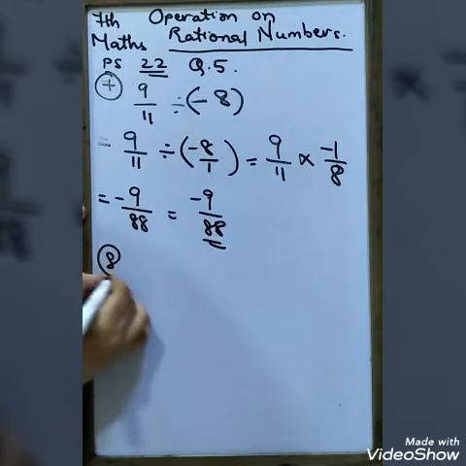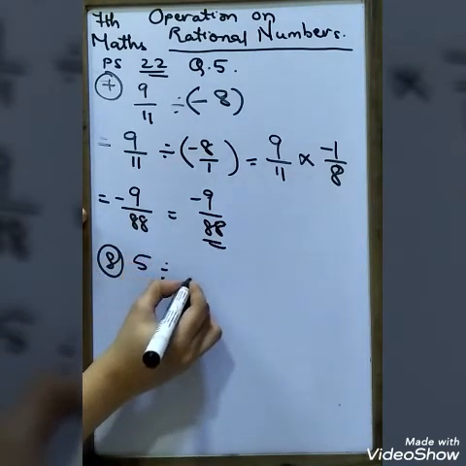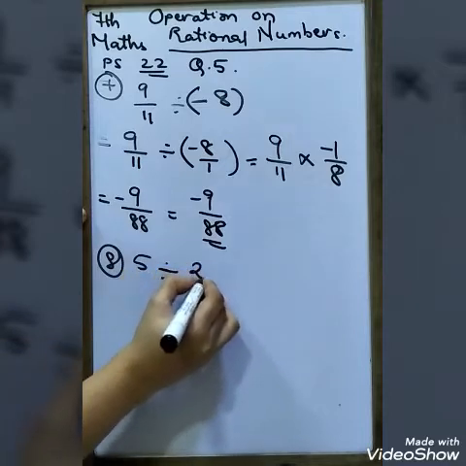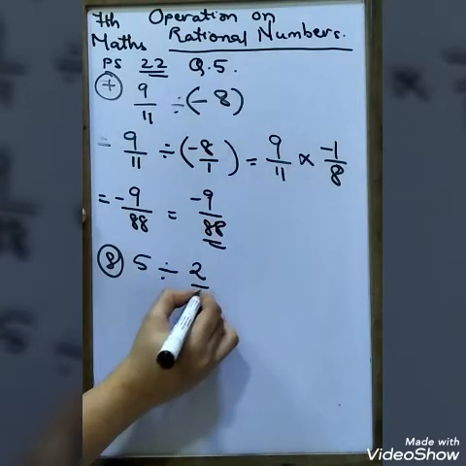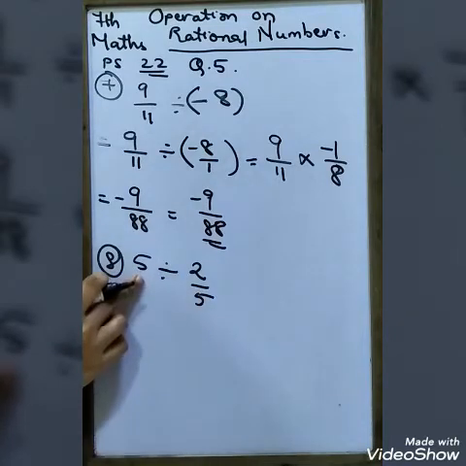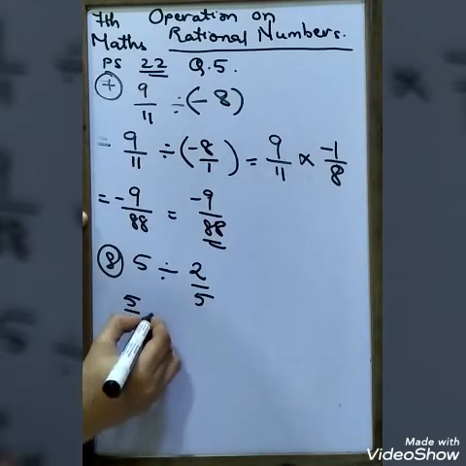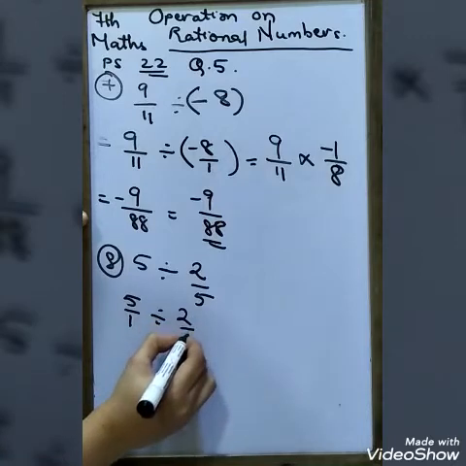Now the 8th question we are going to solve. 5 divided by 2 by 5. Here 5 also does not have any denominator. For consideration we can take it as 5 upon 1 divided by 2 by 5.